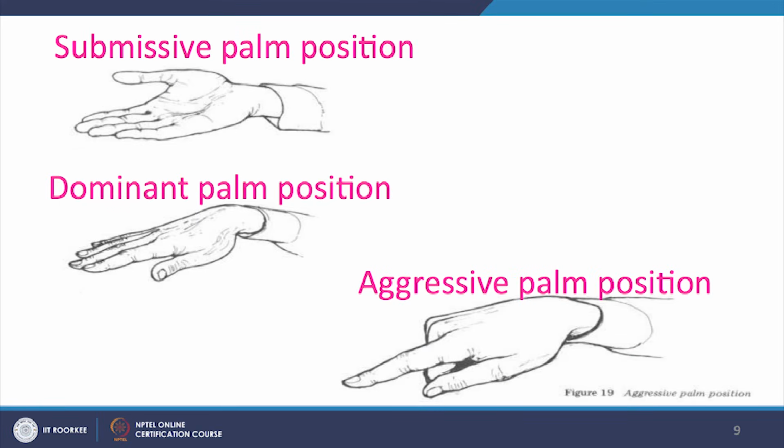Now, palm positions also can be submissive. When you openly give your hands, you are actually becoming very submissive. But when you try to show your dominance, you put your palm on the hand of the other person and try to show your dominance.